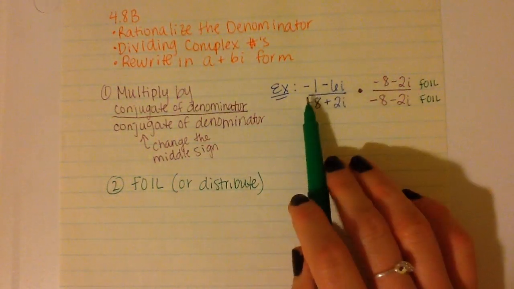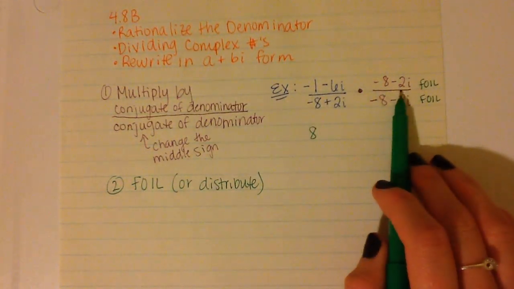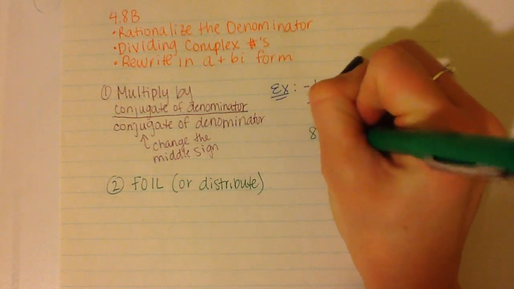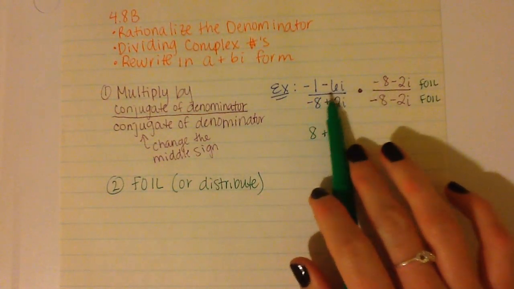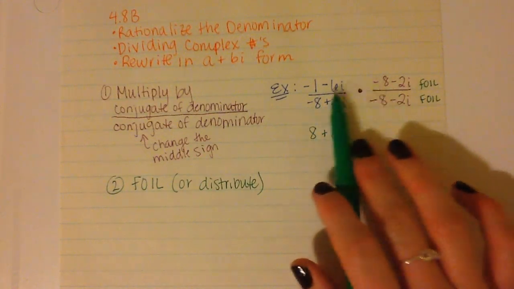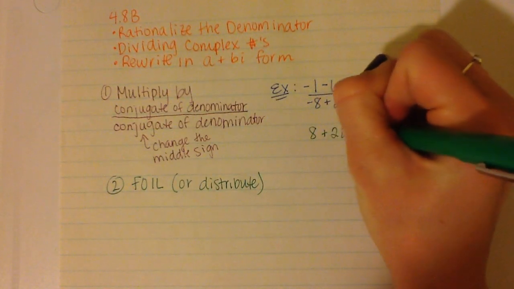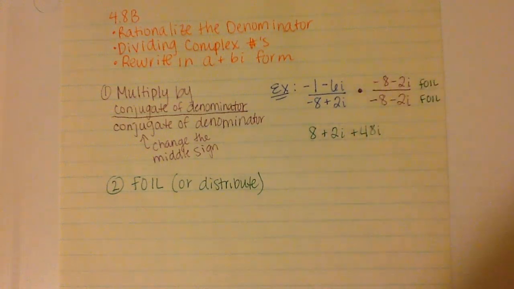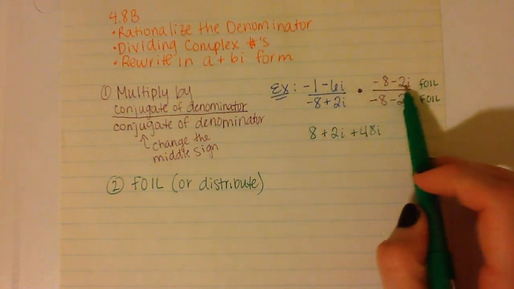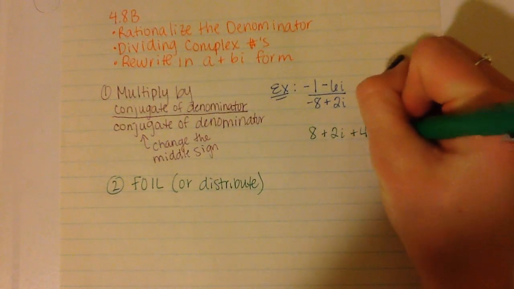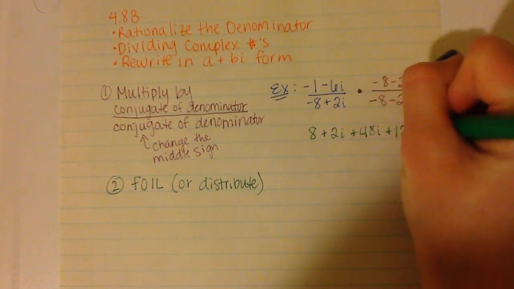We have the outside, so we have negative 1 times negative 2i, which is just a positive 2i. We have negative 6i times negative 8, the inside pieces, would be a positive 48i. And we have the last piece, so negative 6i times negative 2i is a positive 12i squared.